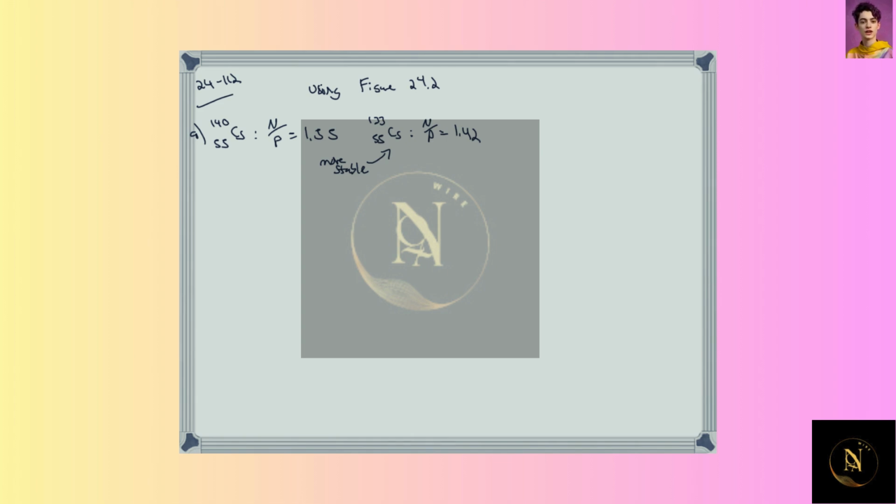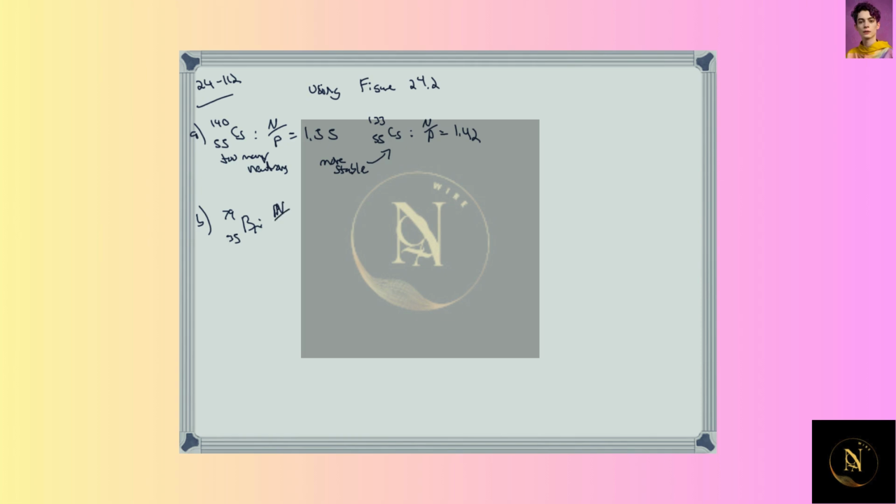And if we look at the table, there is no stable isotope with an atomic number of 55 having a neutron to proton ratio of 1.55. So this one's got too many neutrons. It's too heavy. It's likely to undergo beta emission. While this one, the neutron to proton ratio brings it closer to that zone of stability. So this would be the stable one, and this other one has too many neutrons.